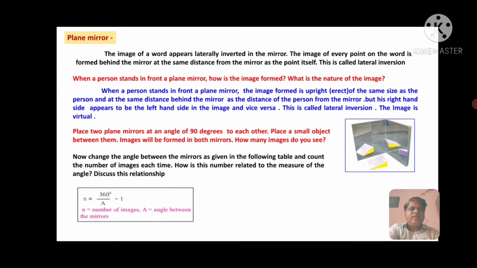A relation is given here: N is equal to 360 degrees upon A minus 1, where N is the number of images and A is the angle between the mirrors. Three images you could see in the adjacent figure. And this is the table that is given in the textbook. We have to fill this up by using this formula.